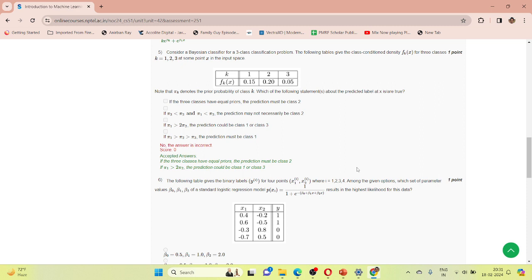Hello. Does anyone have any idea for question number 6, sir? I think for question number 2, it's k, sorry, because it is a soft margin SVM with a linear kernel.